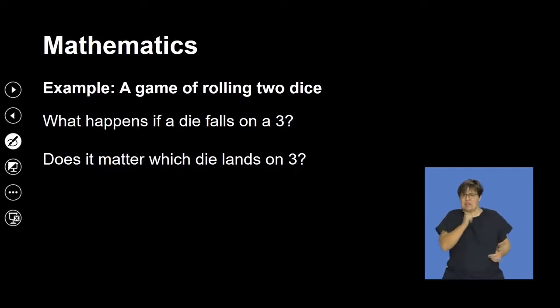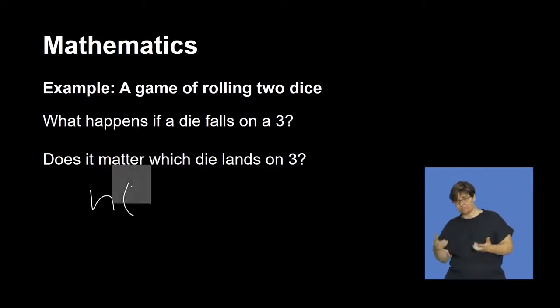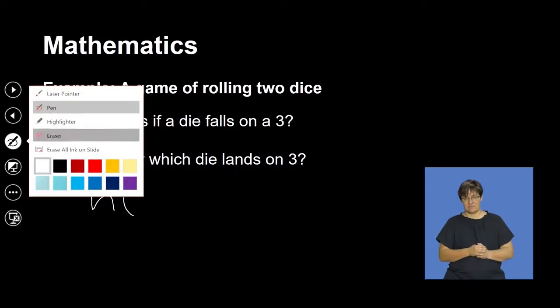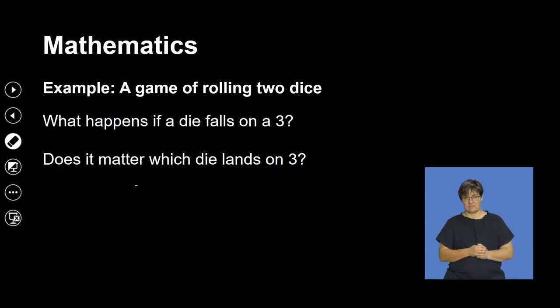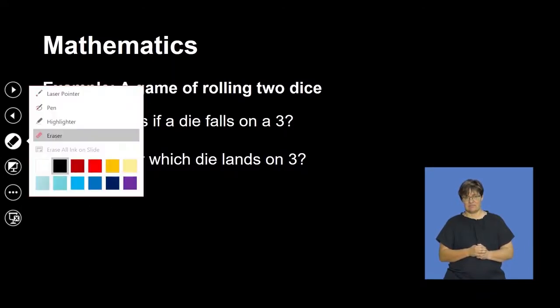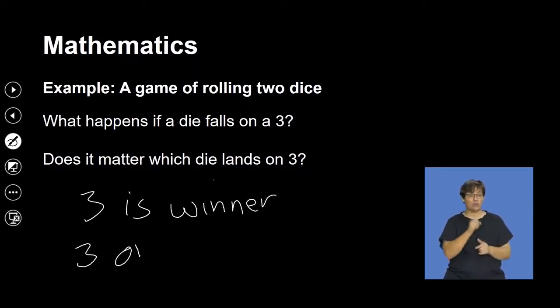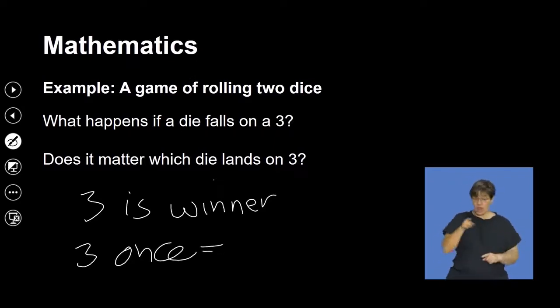We recognize 3 will still be a winning number. 3 is a winner, but we're just going to count the 3 once, because it's in the intersection.